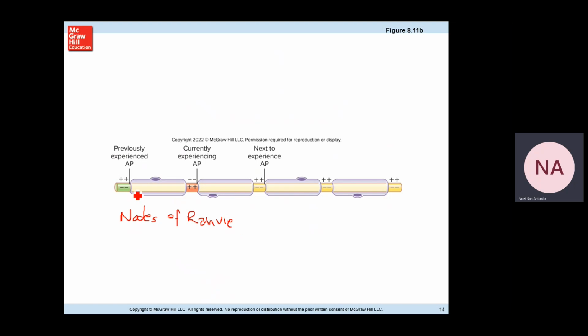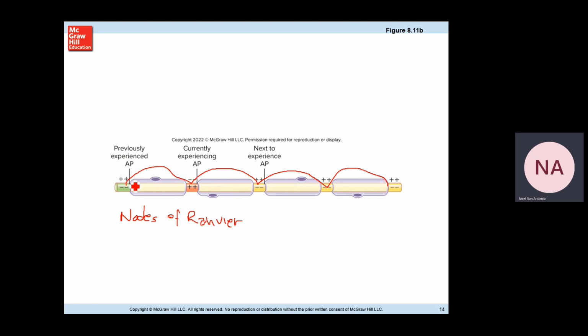When an axon is myelinated, the conduction of impulse or action potential is faster because there is no need for the action potential to take place along the entire length of the axon. The action potential will just have to jump from one node of Ranvier to another. The action potential no longer needs to pass through the myelinated parts because the myelin sheath serves to insulate these parts of the axon.